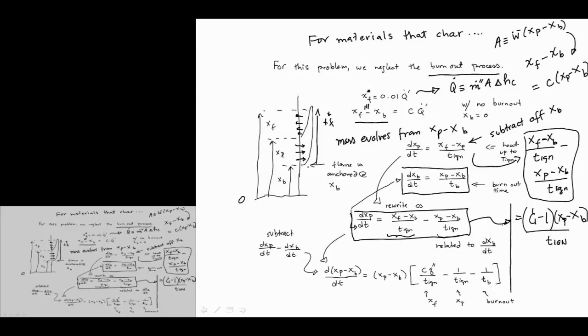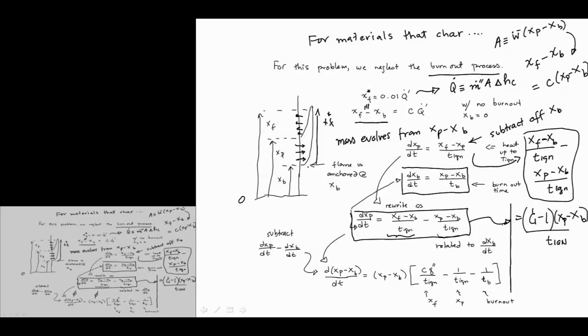To actually solve this, one convenient way is to subtract off the xb equation, the burnout zone equation. So we have one variable, which is just xp minus xb. You can call it phi, whatever you want. We get a differential equation in terms of xp minus xb, and we see that it's dependent on the ignition time and the burnout time. If, for example, the burnout time is very fast, this thing extinguishes, because if the burnout time is a small parameter, this whole thing is driven by the burnout time and is all negative.